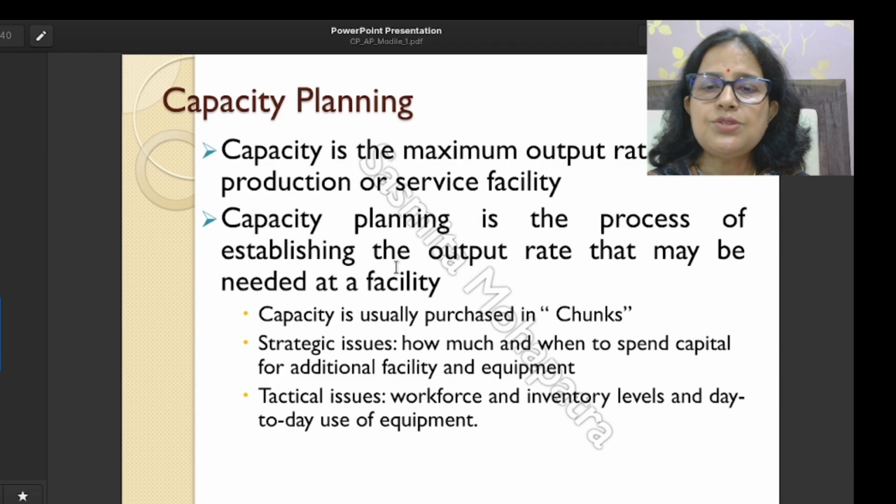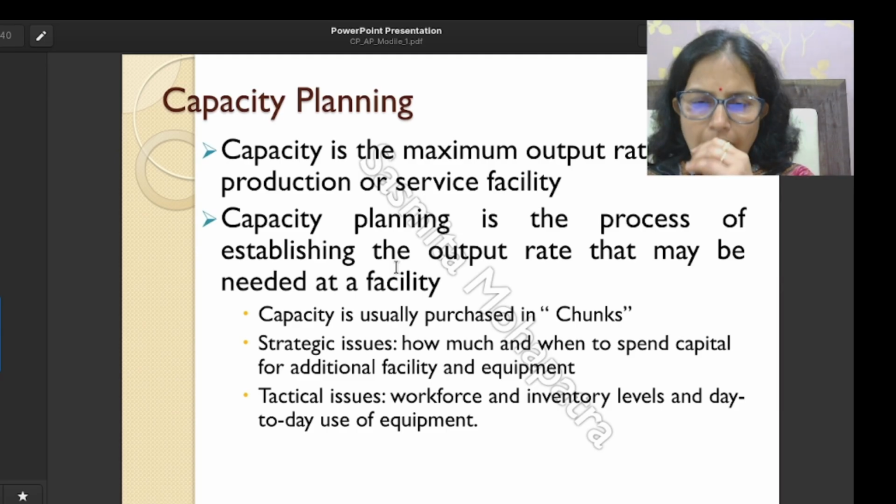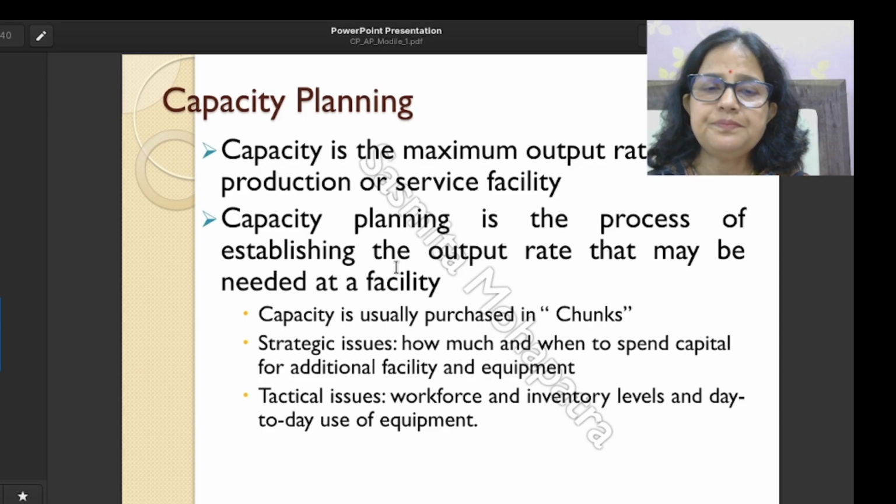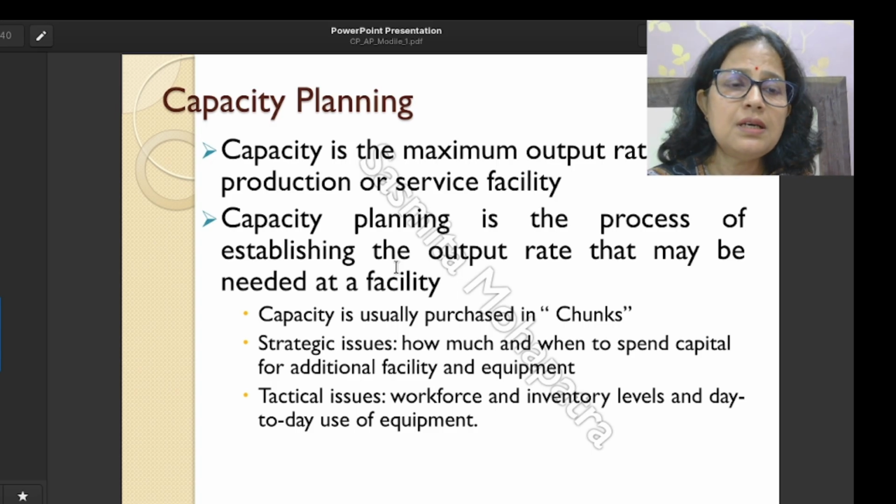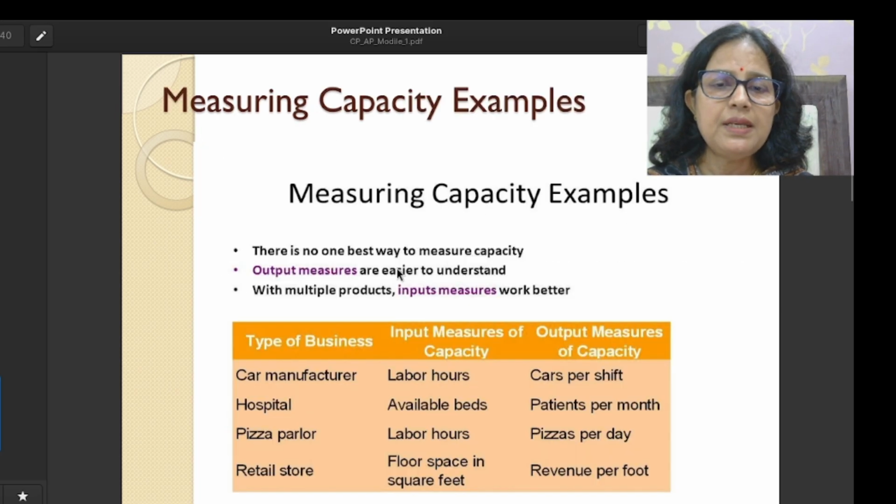Strategic issues, like what we spend on machines, facilities and equipment, are strategic capacity. Tactical issues like workforce and inventory management, and day-to-day activity like operational planning, are all part of capacity planning.